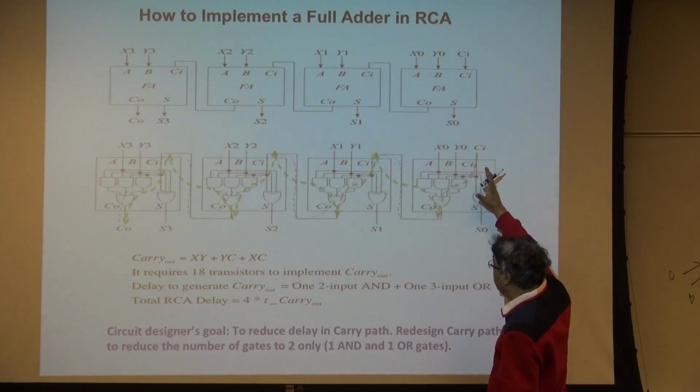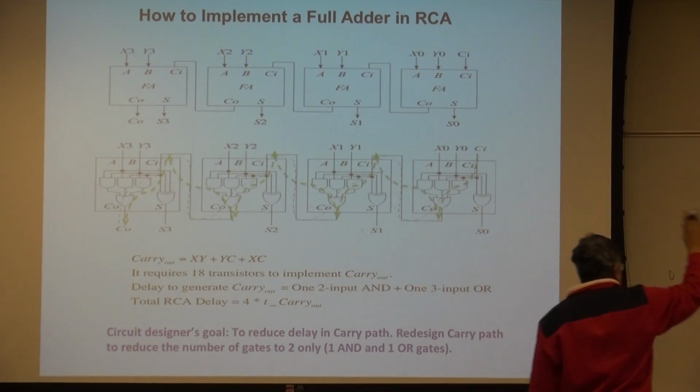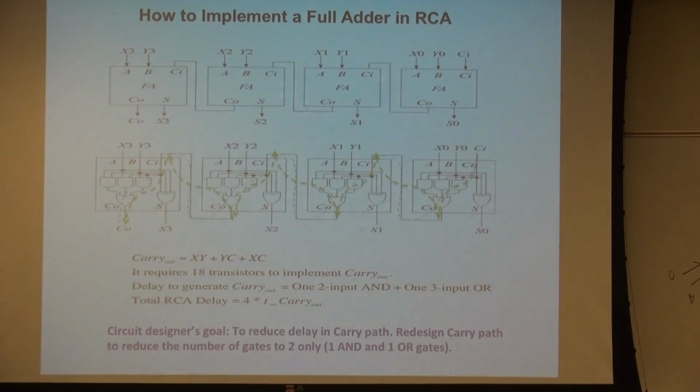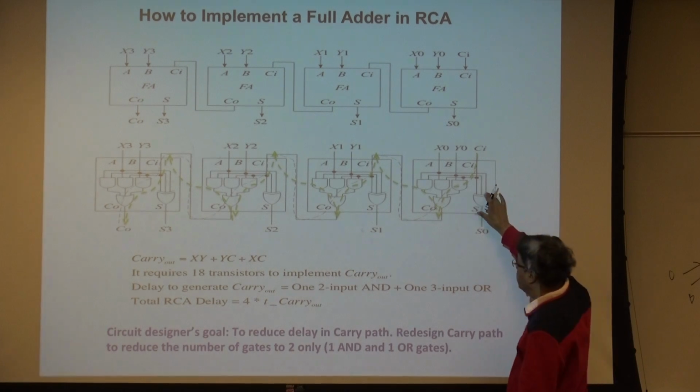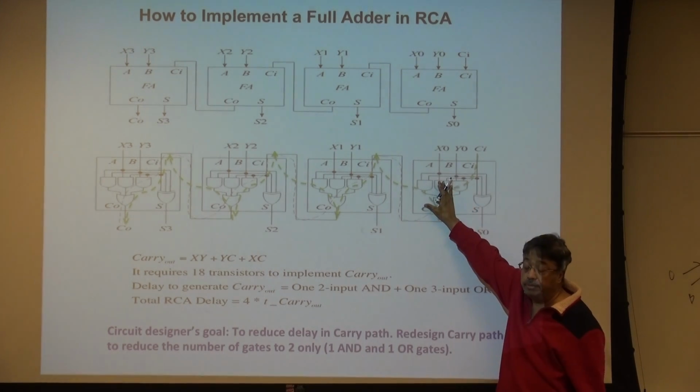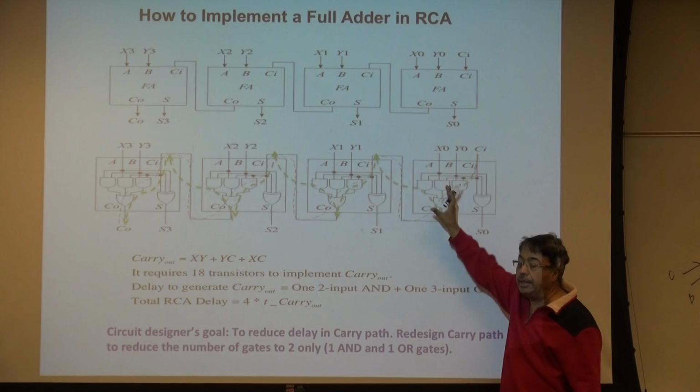We know that sum is A exclusive or B exclusive or C in. So I have generated the sum function separately from the carry out function. And that's where something is wrong.